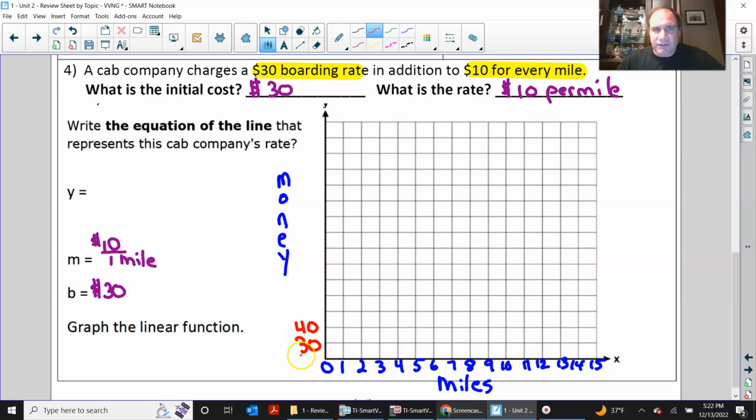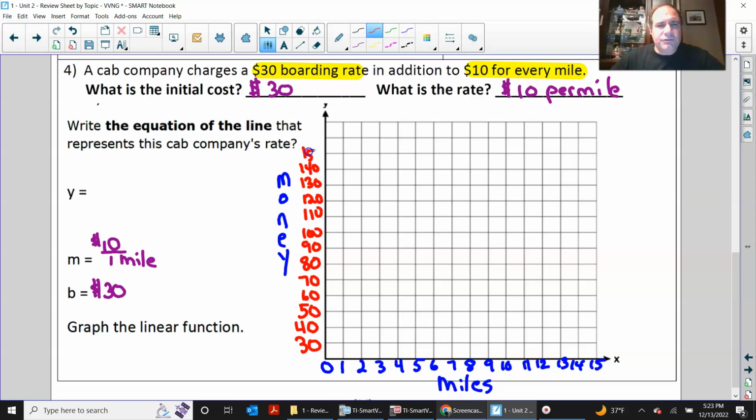Because you have to pay the boarding rate of 30, and then you go up by tens, because that's what the person has to pay. Whatever they start with, you start with. Whatever they pay per mile, you go up on your graph per mile, just like this. So you're counting by tens at this point. After the initial 30 boarding rate, it's $10 per mile.